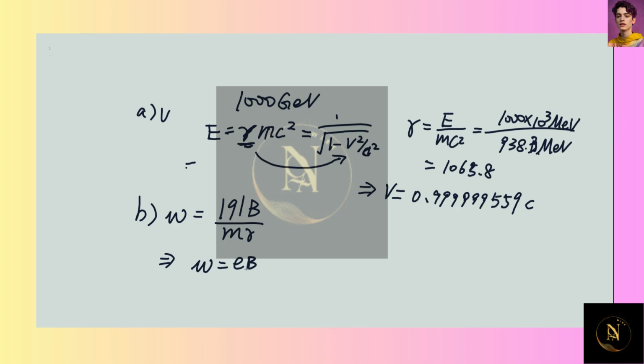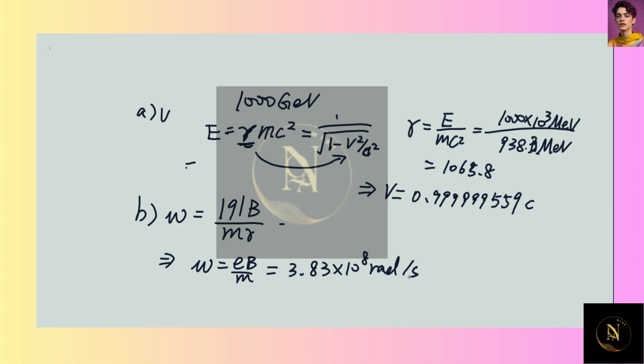The angular frequency is eB over m. Here, e is the charge, B is the magnetic field, which we are told is 4 Tesla, and m is the mass of this proton. So for the non-relativistic case, we get an answer of 3.83 times 10 to the 8 radians per second.